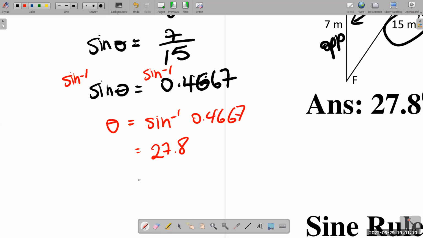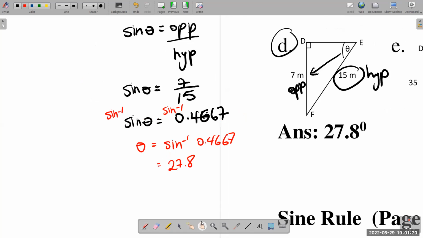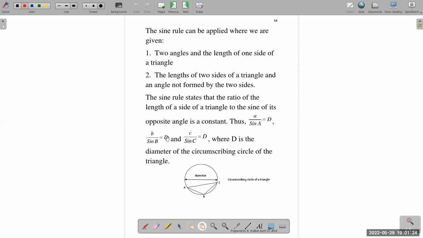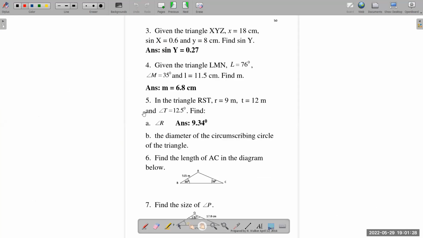All right, excellent. So everybody okay with this now? So you should be able to find both missing angles and missing sides using trig ratios. All of it is the same exact thing. No drama, no nothing.